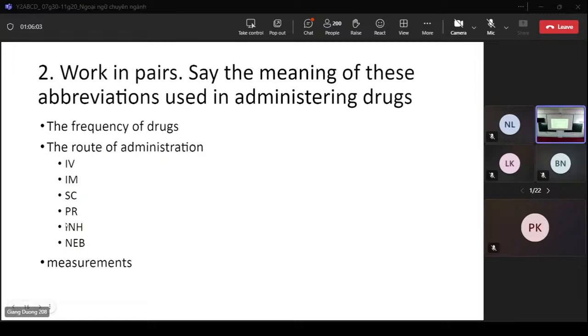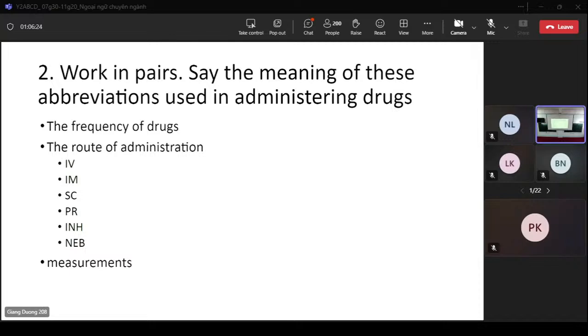The route of administration is quite easy because the abbreviation can show the full phrase. IV we have intra, V for venous, vein, venous, okay?